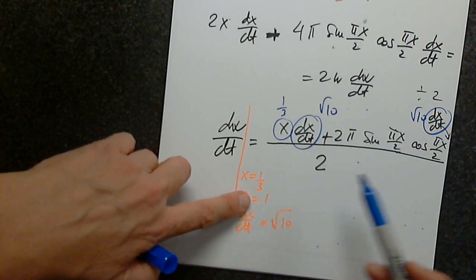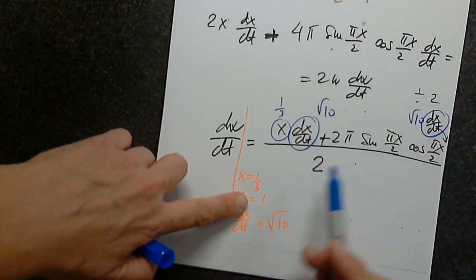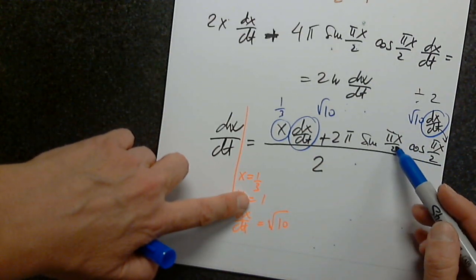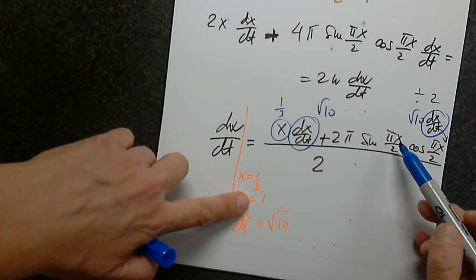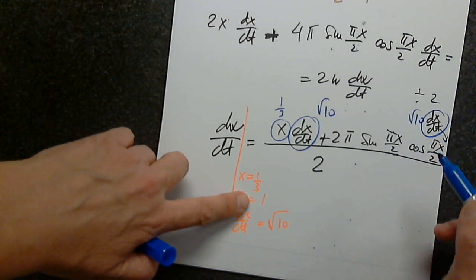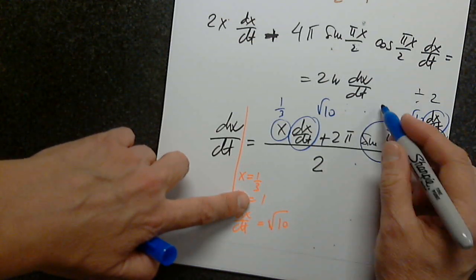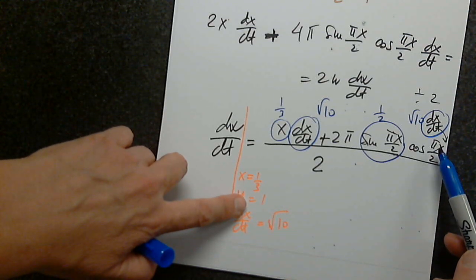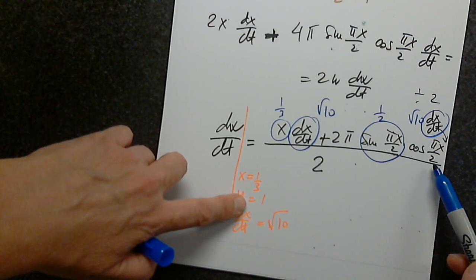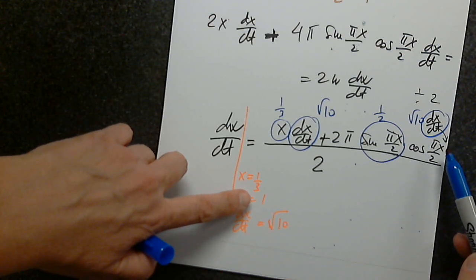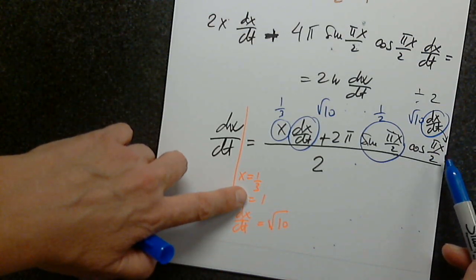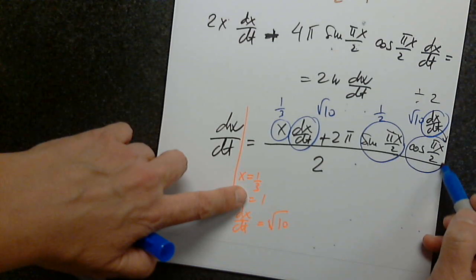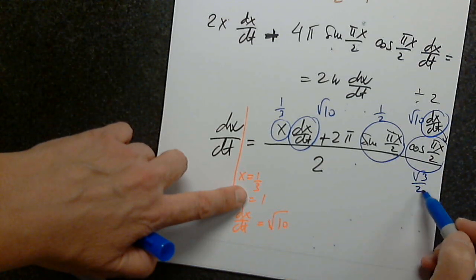And now sine. When x is 1/3, 1/3 times pi over 2 is pi over 6. So this becomes 1/2. This is pi over 2 times 1/3, so it's still pi over 6. So this becomes the square root of 3 over 2.